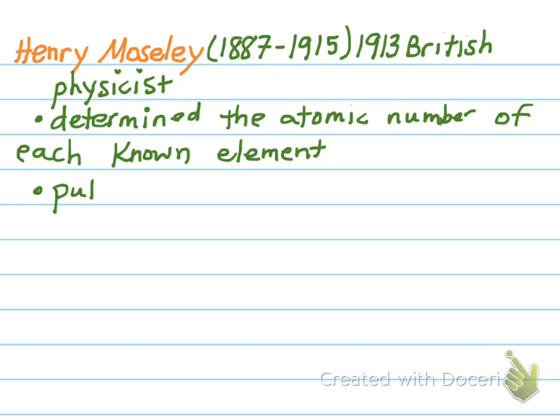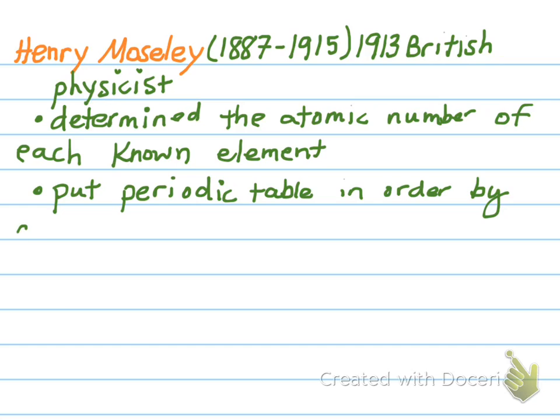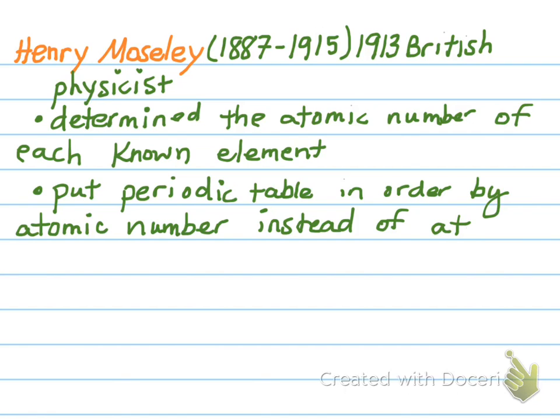So he put the periodic table in order by atomic number instead of atomic mass.